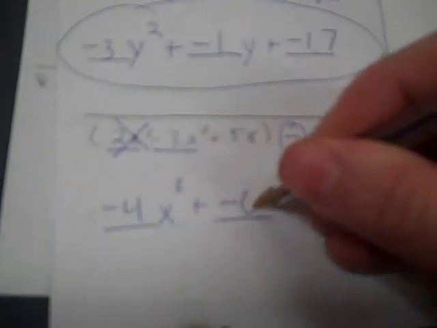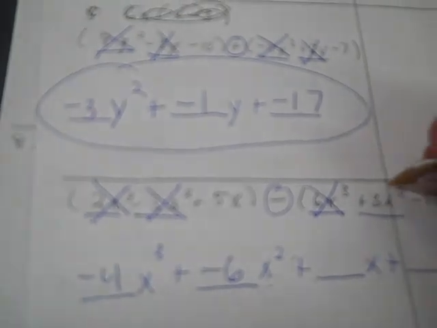Or sorry, I did that wrong. It's negative 3 minus 3. That's negative 6. Okay, and then for regular x, I have a positive 5 and a negative 5. So it's 5 minus negative 5, which is 10.